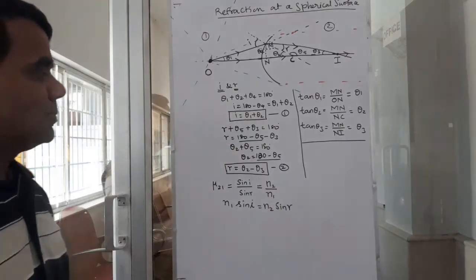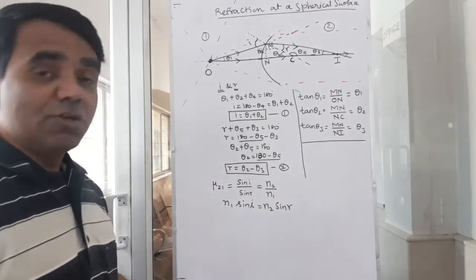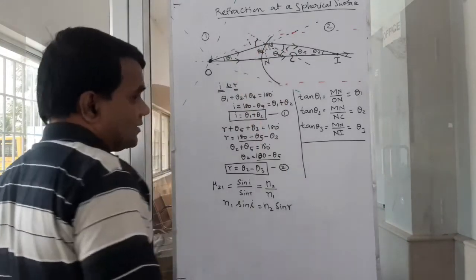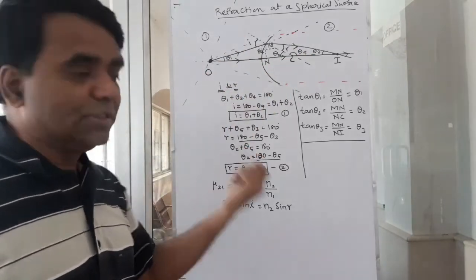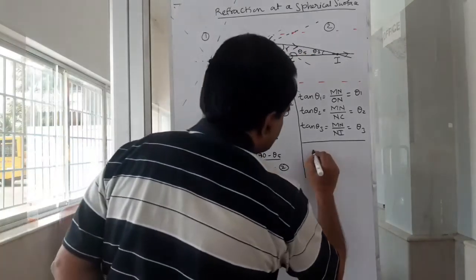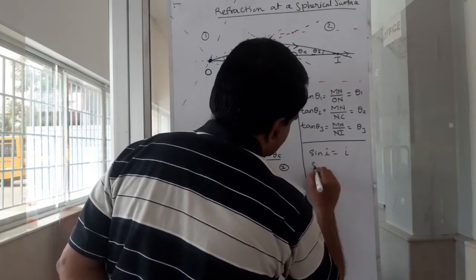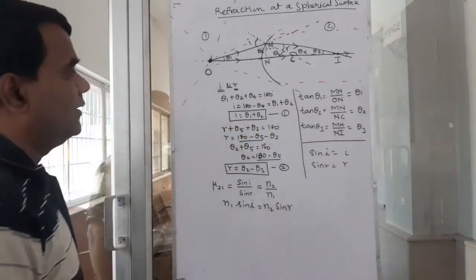Okay. But what do we know? Again, for paraxial rays, I and R will also be small, so sin I can be taken as I, and sin R can also be taken as R. Okay.